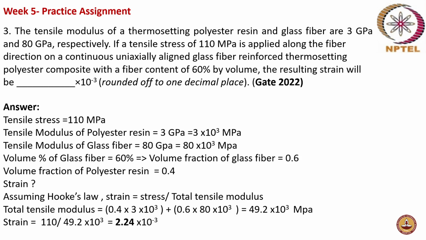With stress as 110 and the total tensile modulus, you get approximately 2.24 into 10 power minus 3 as the strain value. Are you able to understand this problem? Yes, that's fine.